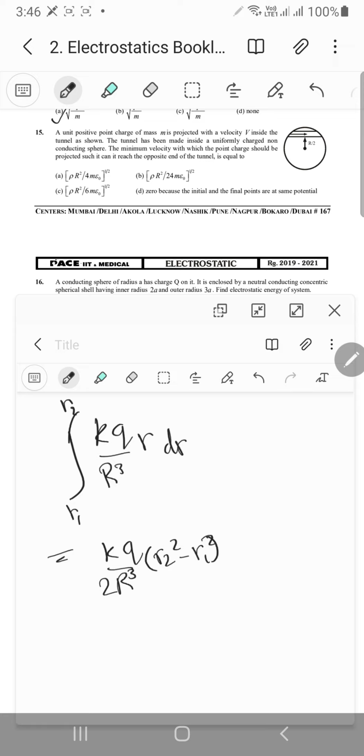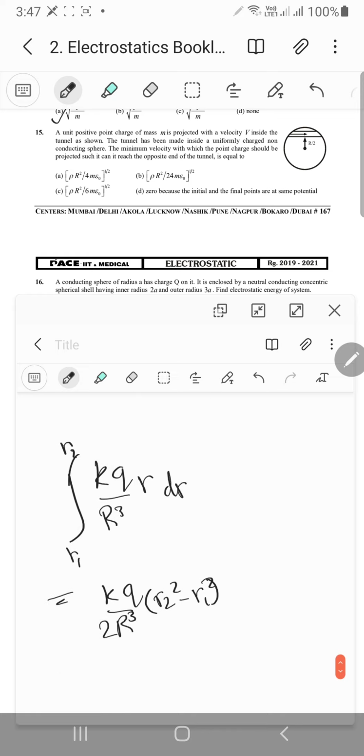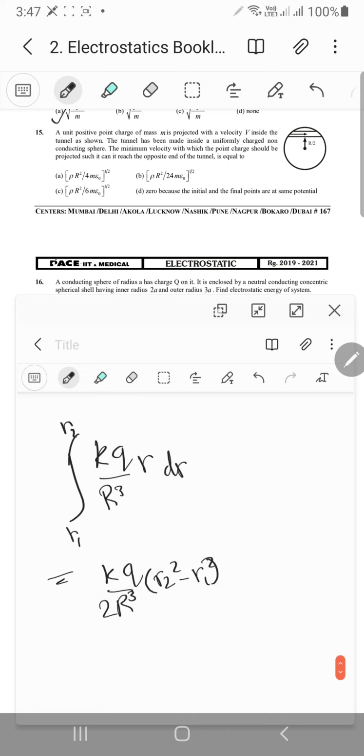Wait, something doesn't make sense right now. You should just get more energy as you get closer and closer. It's proportional to r squared. No, it's proportional to negative r squared. Oh yeah, so suppose you're going from r to capital R, this would be capital R squared minus that.